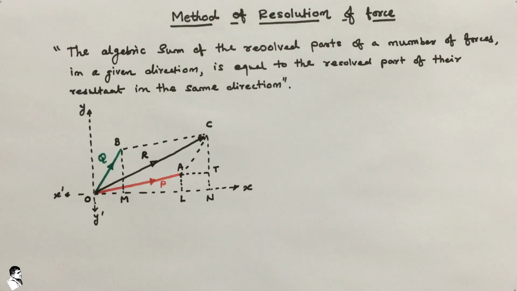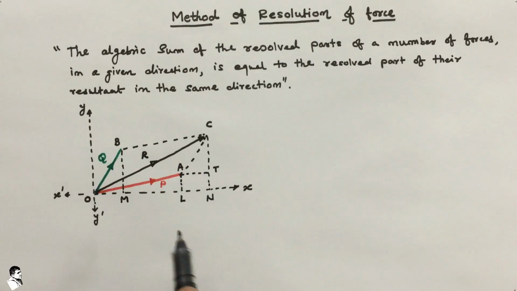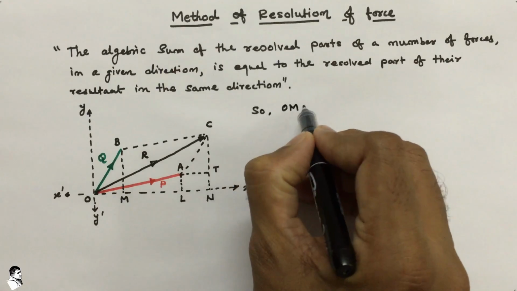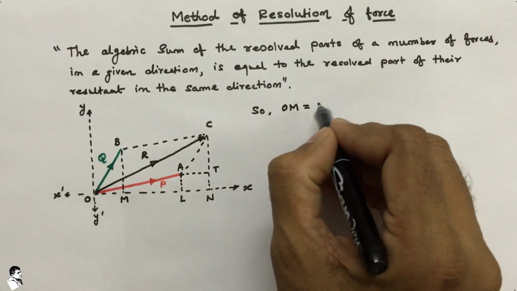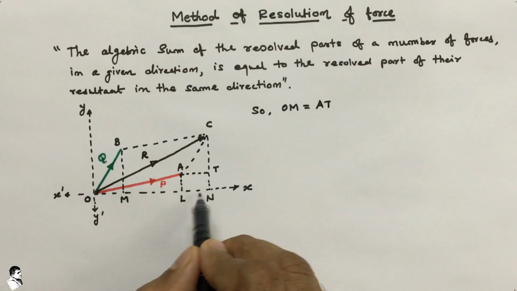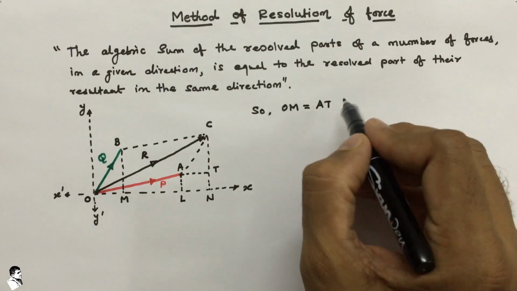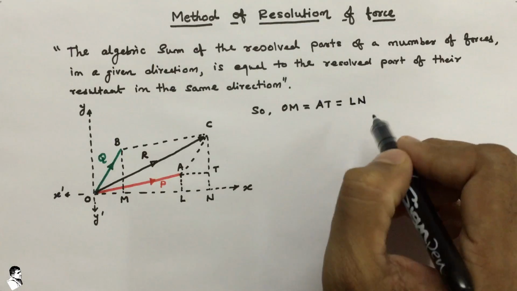Considering that, the two sides OM and AT are also parallel, so we can write down that OM equals AT, and with AT, this LN line is also parallel and of the same magnitude, so we can write LN.